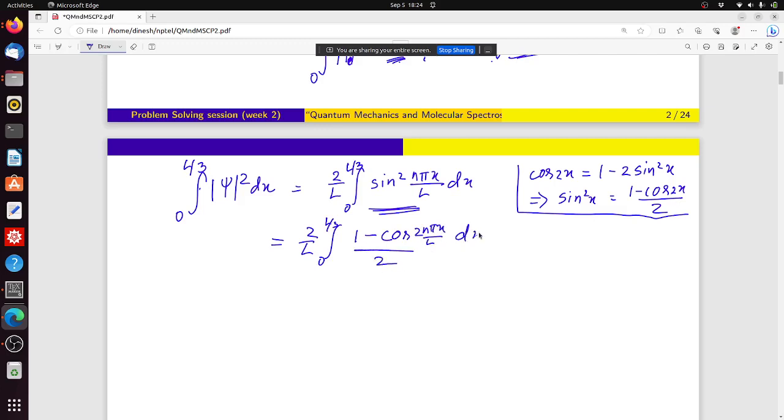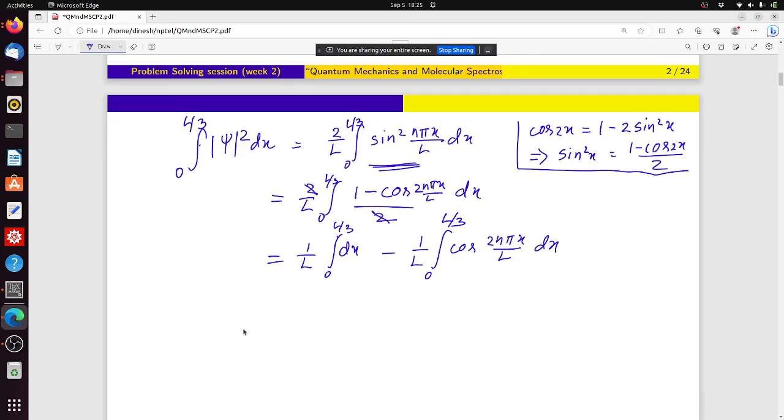Okay, so 2 we can take outside, it will cancel, 1 over L. So integration of dx from 0 to L by 3, minus 1 over L integration of cos 2n pi x over L from 0 to L by 3.